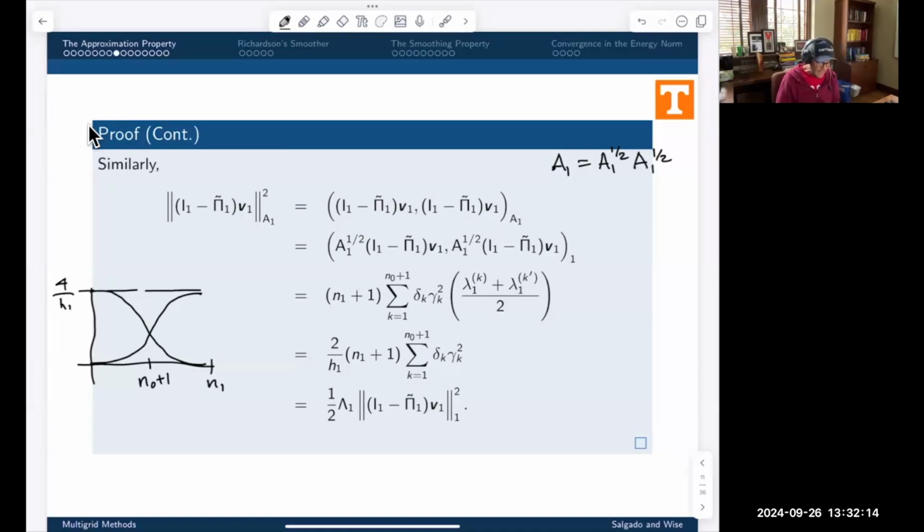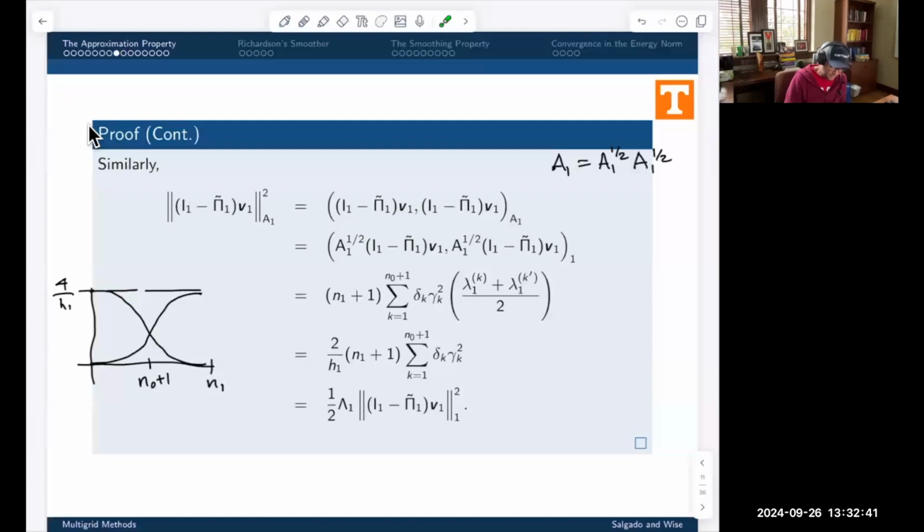All right, so let's average these two together. It doesn't take a lot of work to show that when I average this point and this point, I just get 4 over h1. And when I average these points, I get 4 over h1. Oh, no, I need to average, so I need to divide this by 2, right?